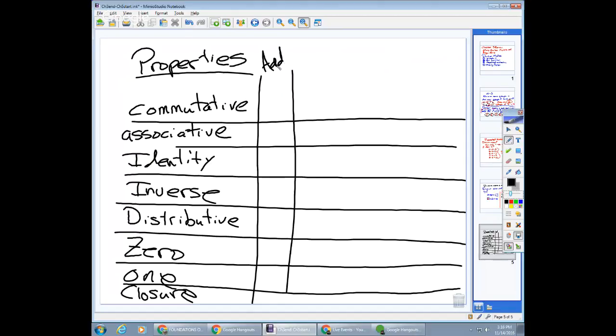So commutative, think about the idea of commute. Anybody commute from home to school? Nobody lives at school right here, at least not on this campus. And then you commute from school to home. So to commute means you have to move, agreed? And that's what the commutative property is all about. Addition is commutative, meaning you can move them and it doesn't matter.